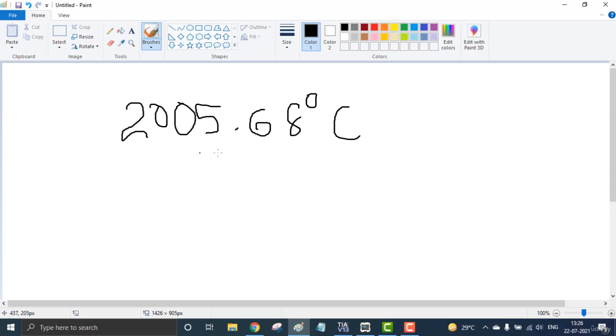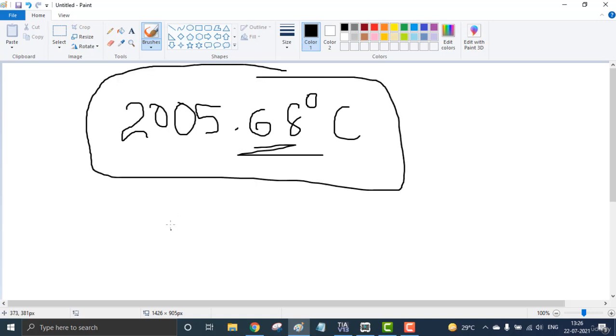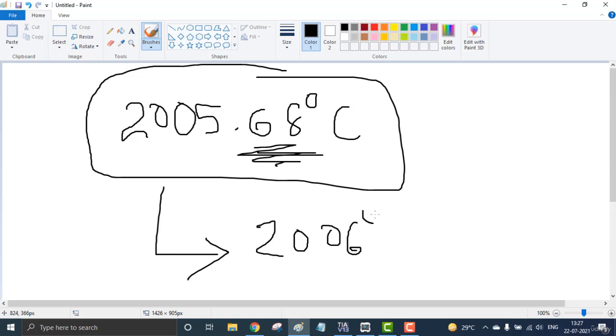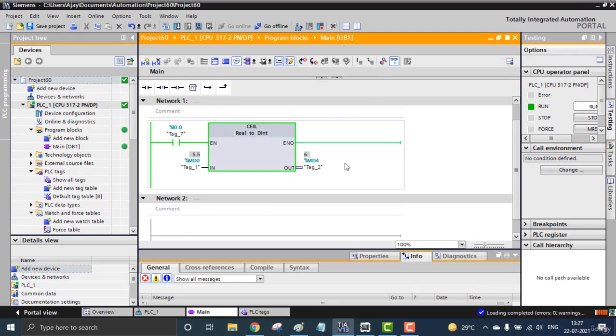If you have this much temperature, we don't have to display the point value, because it's a huge temperature. So we can scale or truncate or eliminate these point values. That's why we are using this kind of conversion blocks. So the final result will be 2006 degrees. Like this, for displaying applications, we use this.